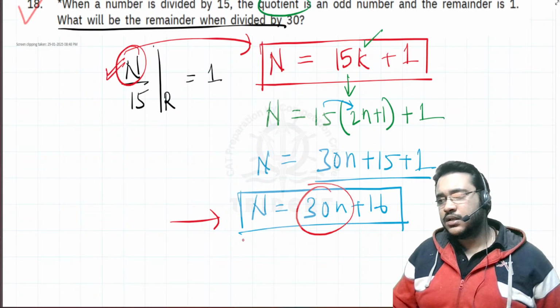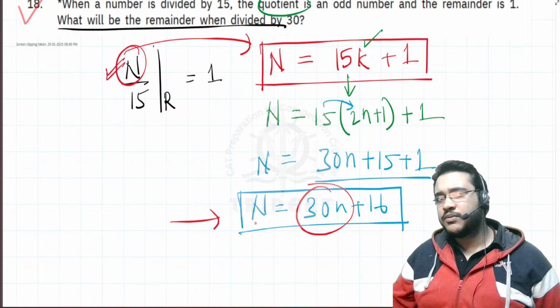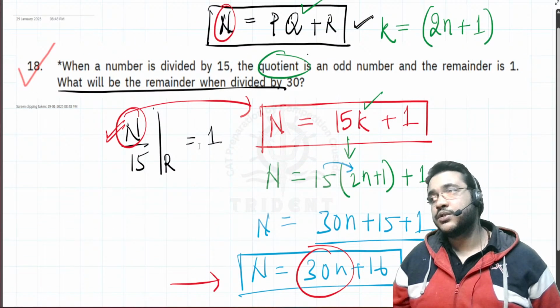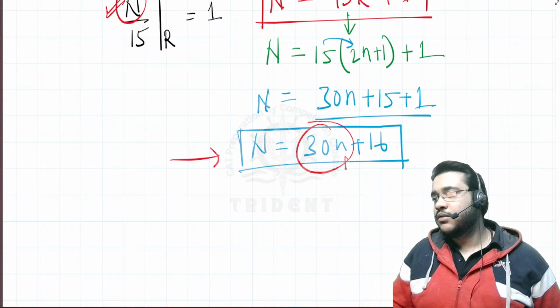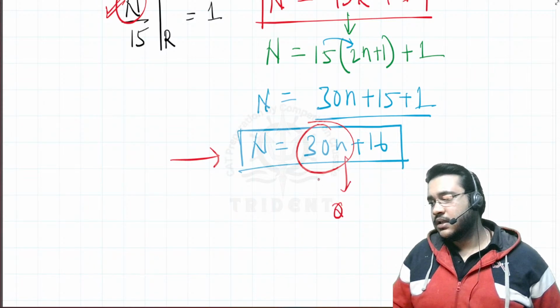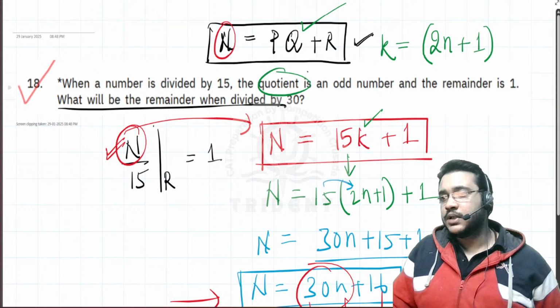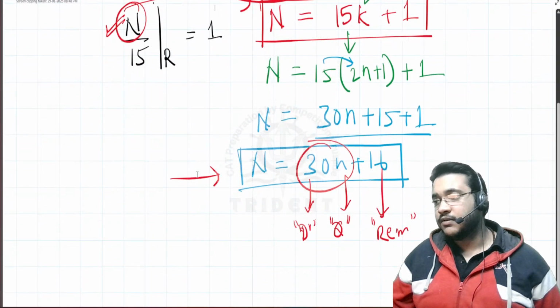Now, is this not similarly the form that we were using in the first part, that is dividend, divisor, quotient, remainder? So here the divisor is 30, this is the quotient, and of course this is the remainder. So when the number is divided by 30, we will have some quotient.